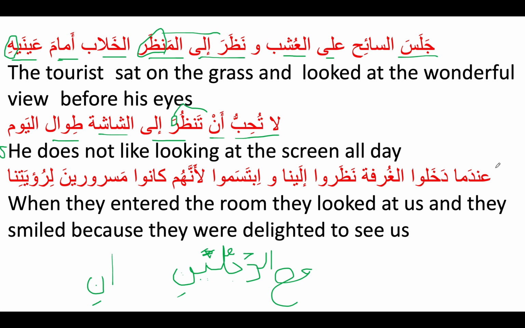Okay. Finally, عندما دخلوا الغرفة نظروا إلينا وابتسموا لأنهم كانوا مسرورين لرؤيتنا. When they entered the room, they looked at us and they smiled because they were delighted to see us. So عندما is when you want to use the non-interrogative when, like when I lived in Egypt or when I worked in Amsterdam.